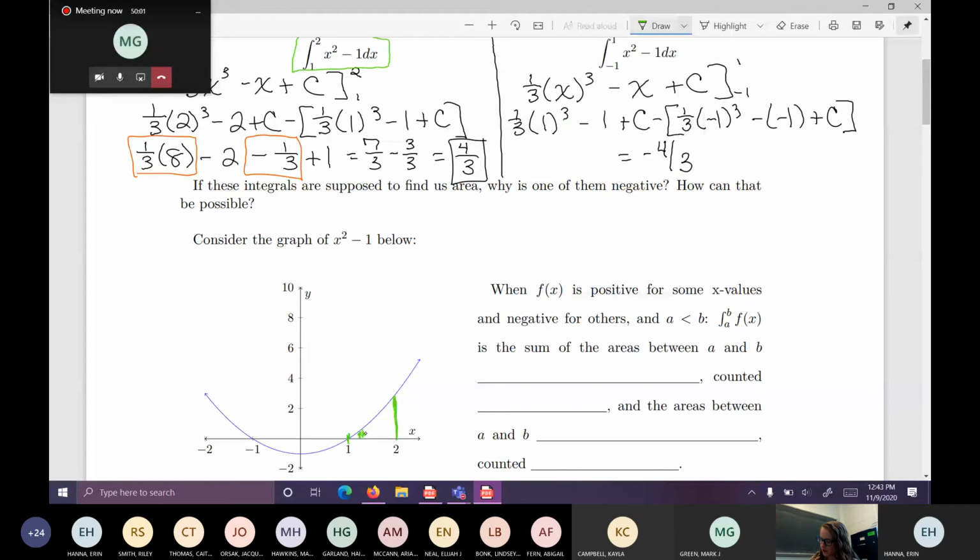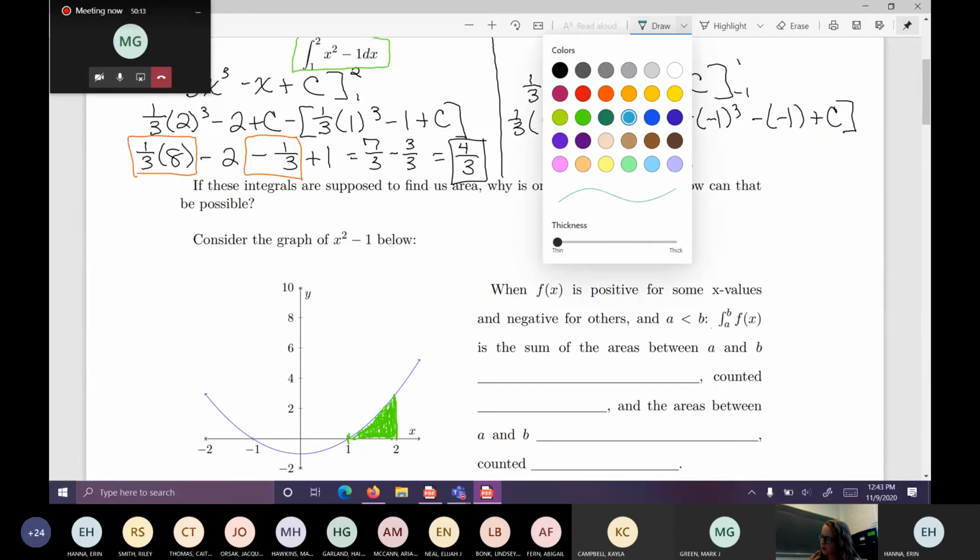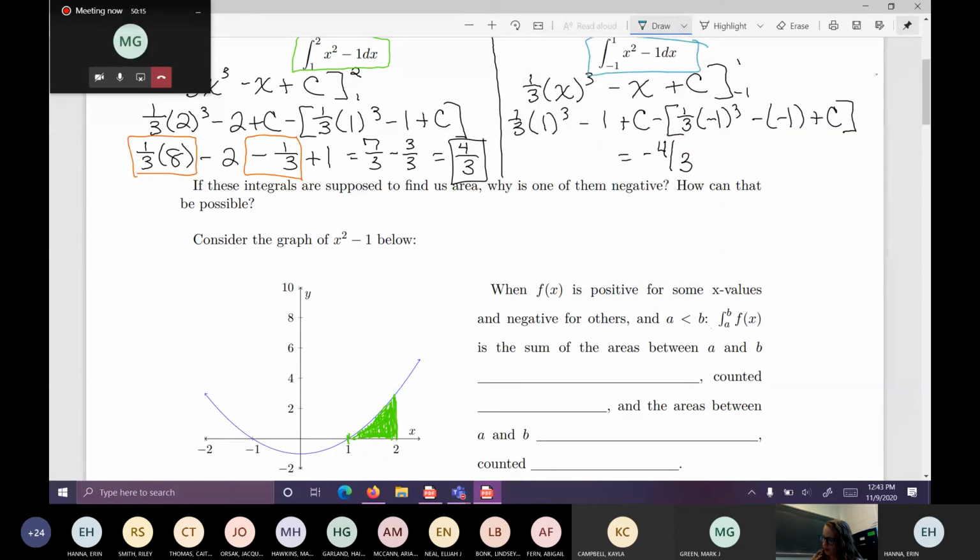So that would be essentially this area that I'm shading right now. Let me shade it in a bunch. There we go. So it's that area right there. And then the second integral we found, from negative 1 to 1, would be this area in here.